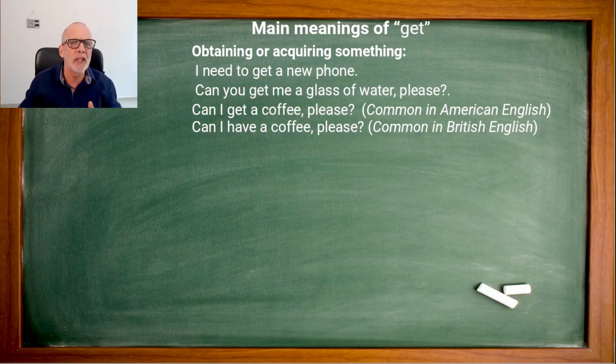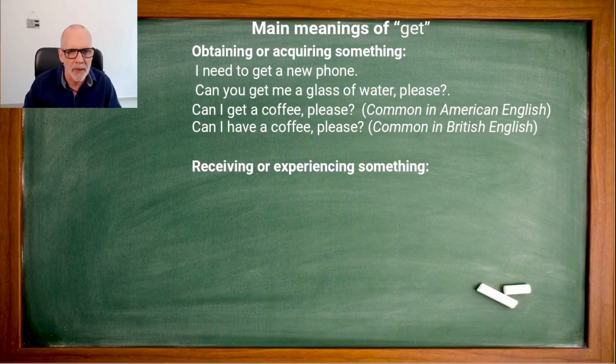Can I get a coffee? Can I get a chicken sandwich? Can I get a hamburger? Very common in American English, but I personally wouldn't use that phrase. I personally would say, can I have a coffee, please? Can I have a chicken sandwich, please? Can I have a hamburger, please? Okay, so this is the first basic use of get, to obtain or acquire something.